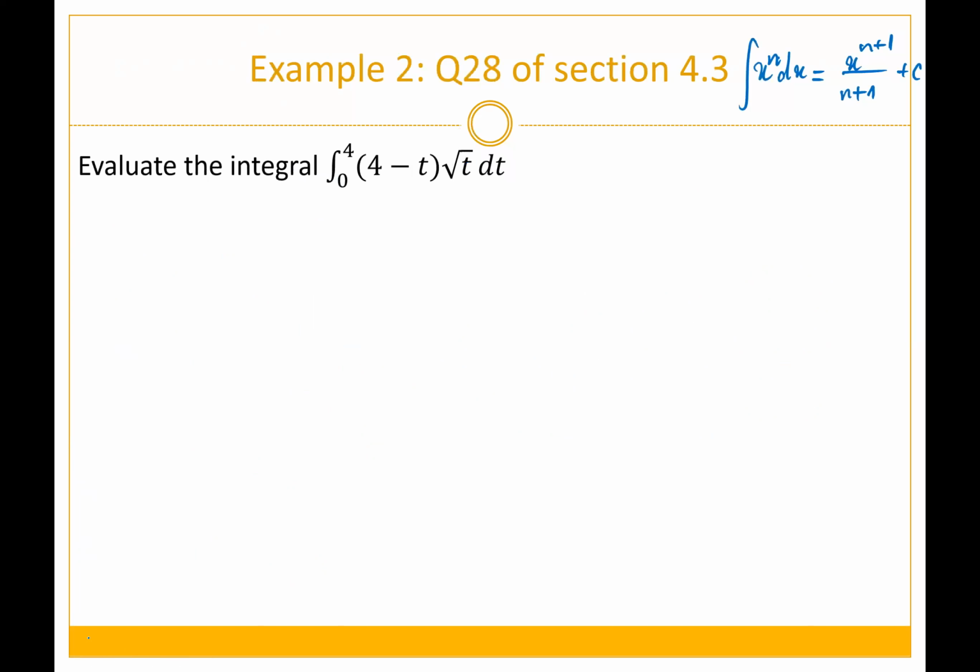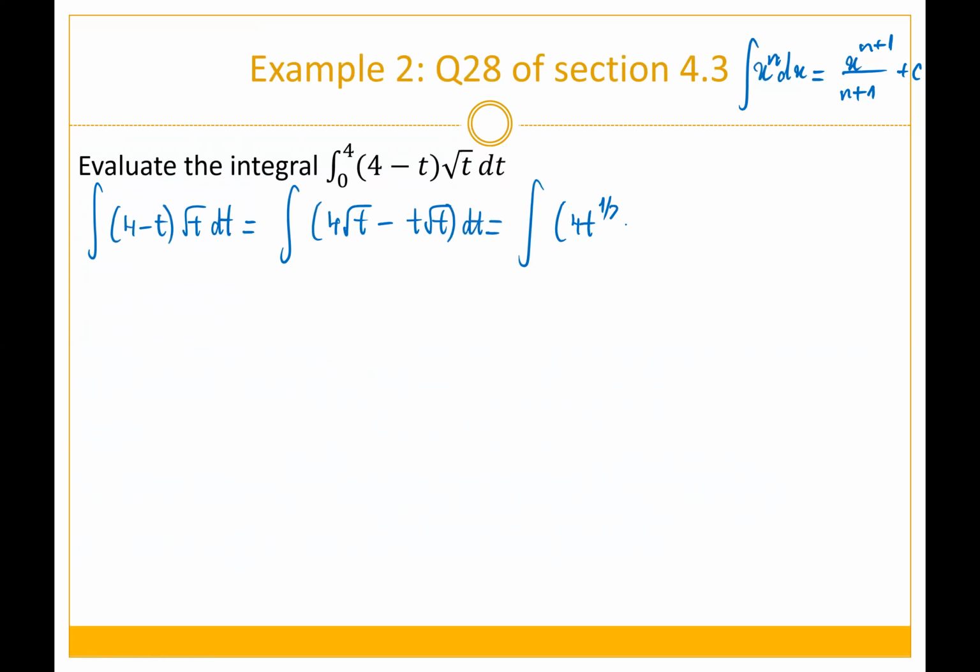And so let's find the most general antiderivative first. We're going to rewrite this as the integral of 4 square root of t minus t square root of t dt. And so we have 4t to the 1/2 minus t to the 3/2 dt, which is going to give us 4 multiplied by 3 over 2 t to the 3 over 2, minus t to the 5 over 2 divided by 5 over 2, plus c.